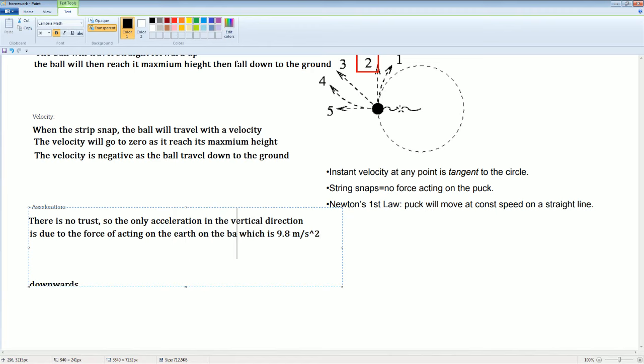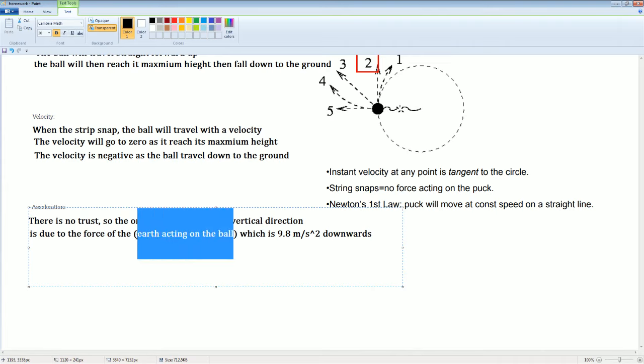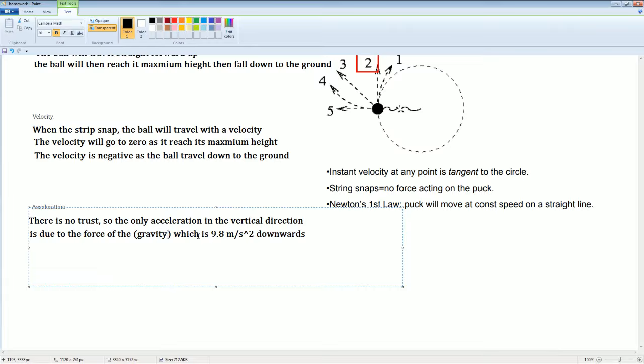Earth on the ball. Okay, this would be a complete answer. You could write that, or you can change this by saying this is the force of gravity. Okay, because that is what gravity is. That's a simple answer.